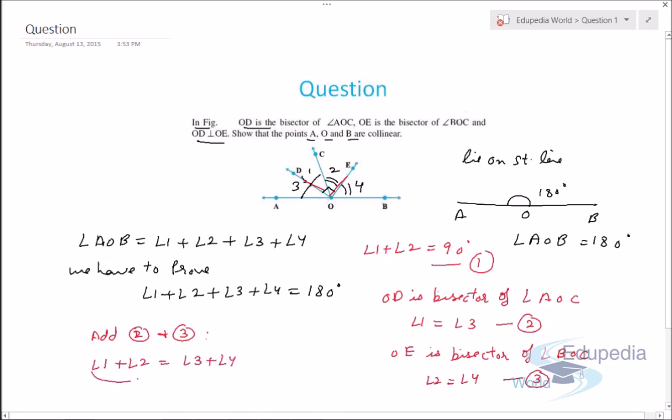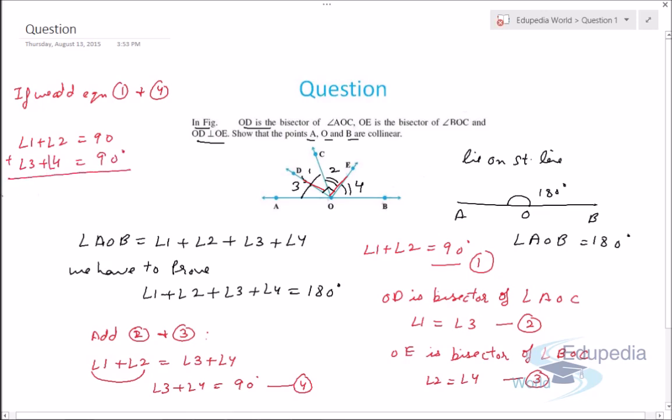Now we know that angle 1 plus angle 2 is 90 degrees from equation 1. So we can write angle 3 plus angle 4 is also 90 degrees. Let's mark this as equation 4. Now if we add equations 1 and 4, we get angle 1 plus angle 2 is 90 degrees and angle 3 plus angle 4 is also 90 degrees.